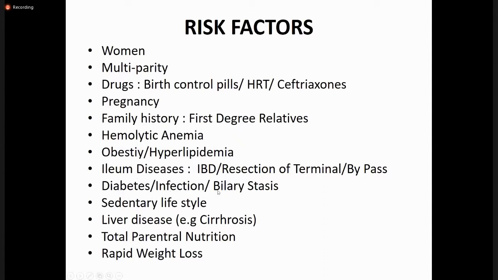Diabetes, infection, or any biliary stasis will precipitate stones. A sedentary life obviously will also have a part. Liver disease like cirrhosis, total parenteral nutrition, and rapid weight loss. I should mention a rapid weight loss will also precipitate stones.